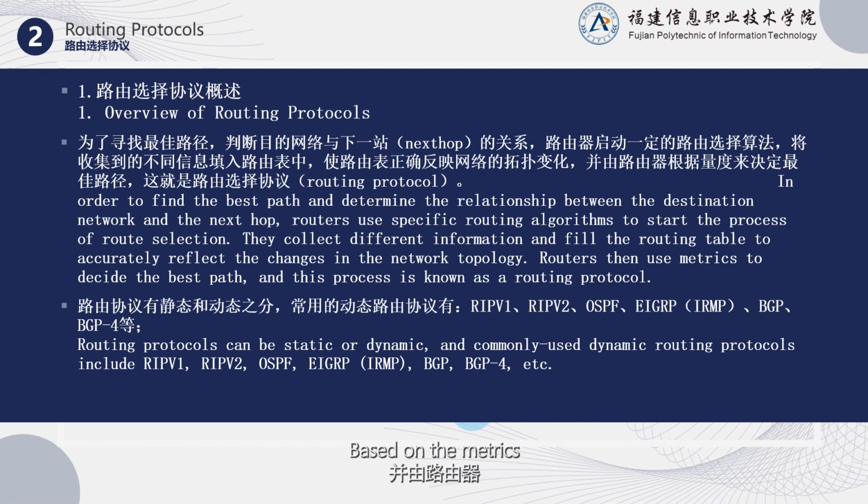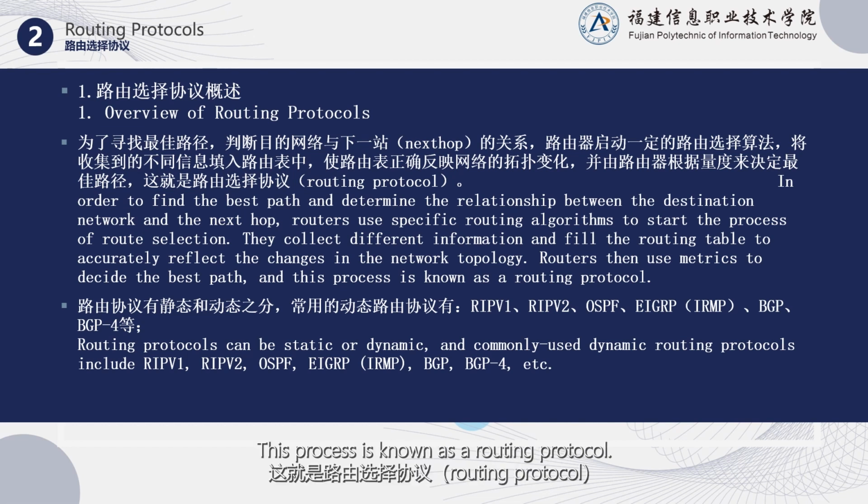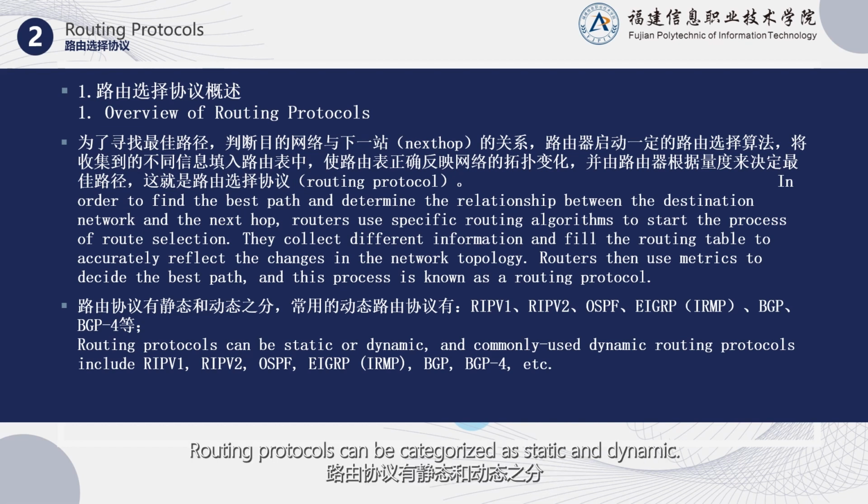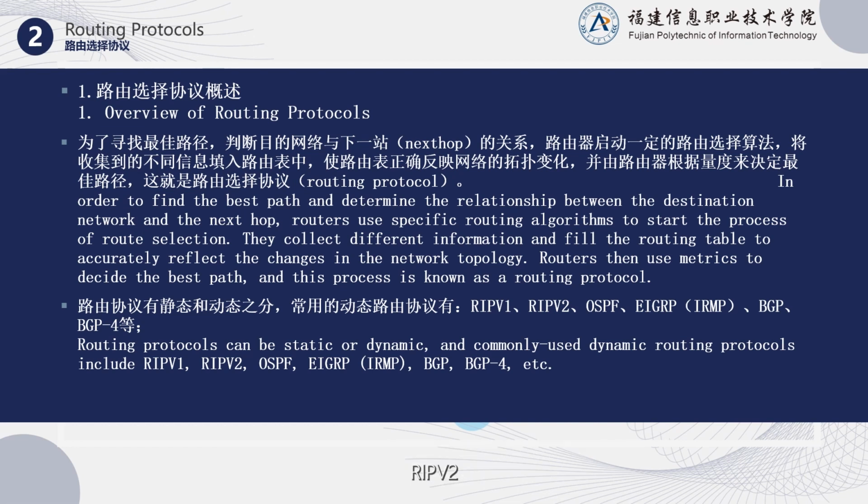Based on the metrics, routers then decide on the optimal path. This process is known as a routing protocol. Routing protocols can be categorized as static and dynamic. Common dynamic routing protocols include RIPv1, RIPv2, OSPF, EIGRP, IS-IS, BGP, BGP4, and others.